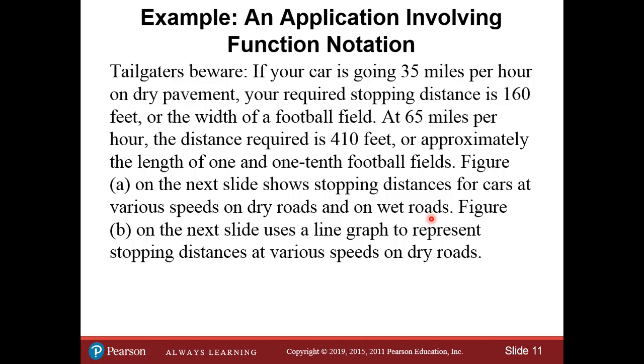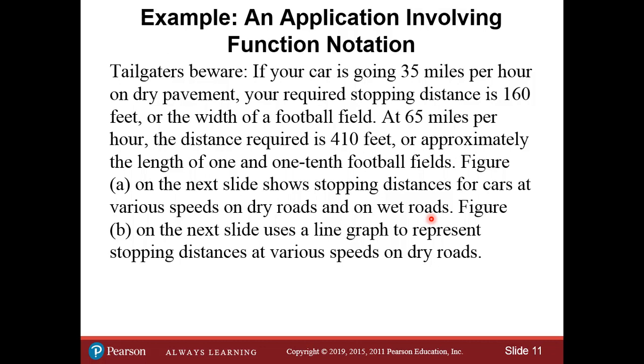Now, tailgaters beware. If your car is going 35 miles per hour on dry pavement, your required stopping distance is 160 feet, or the width of a football field. At 65 miles per hour, the distance required is 410 feet, or approximately the length of 1 1/10 football fields.